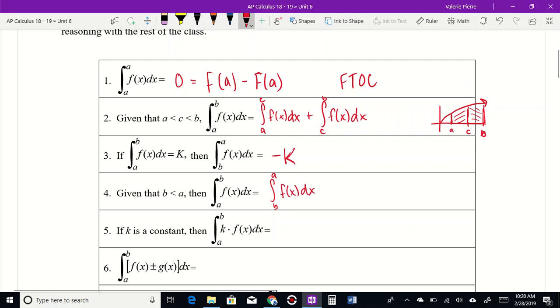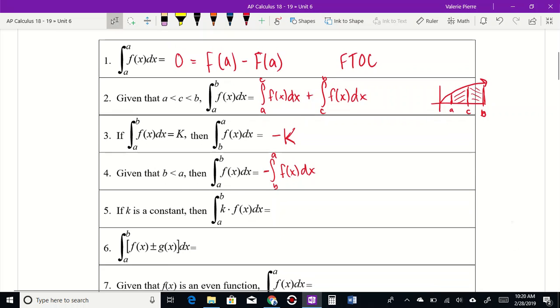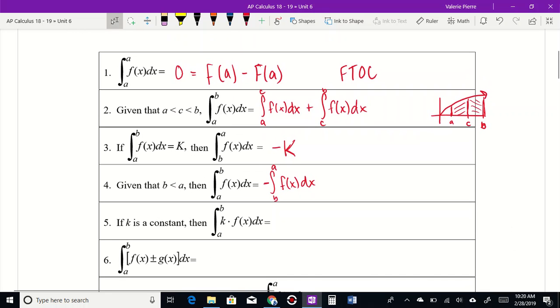And when we flip that integral sign, remembering that our answer is now going to change signs, that means that our integral is now negative. So if the upper level of integration is less than the lower level of integration on our integral sign, then we can flip it and just make it negative. We'll do a few examples of this.